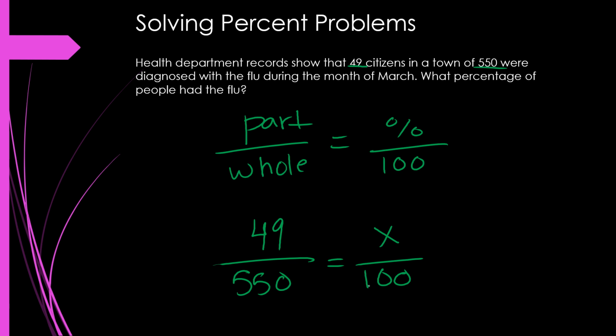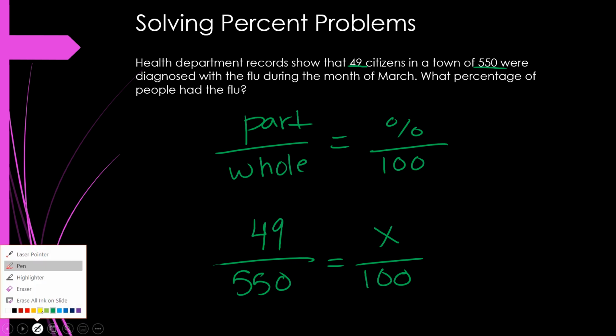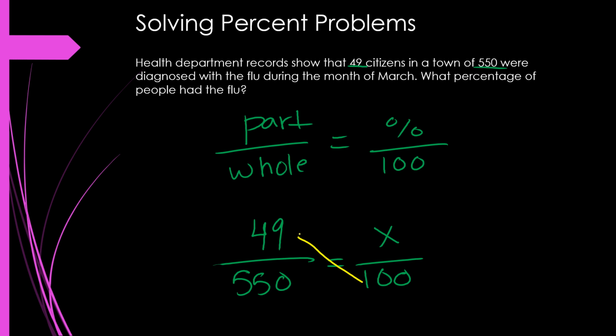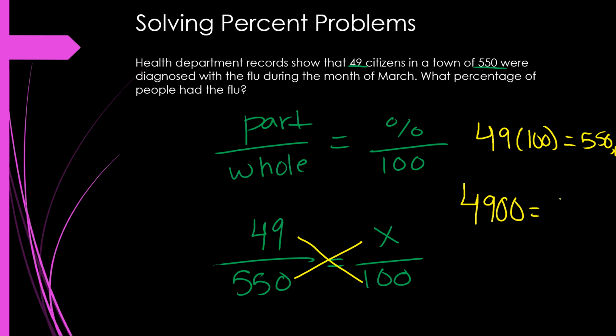So for this problem, I am going to use cross multiplication just because our numbers are not as easy. I'm going to multiply diagonally first. So I'm going to have 49 times 100, and that's going to equal 550 times x. All right, so 49 times 100 is 4,900. That is equal to 550x.